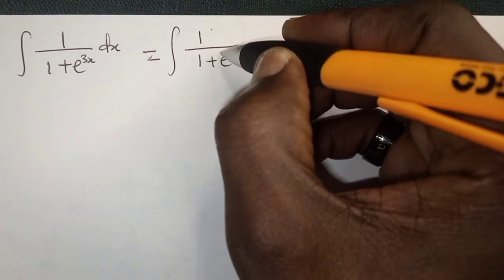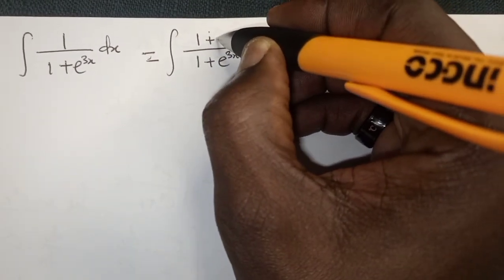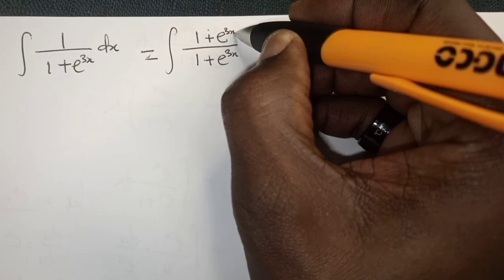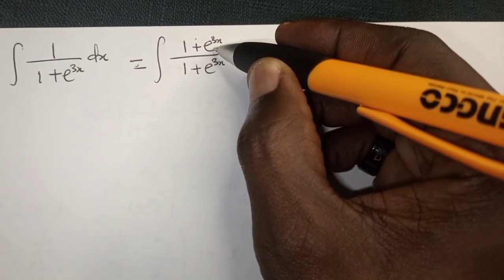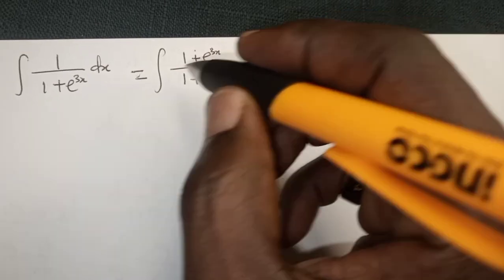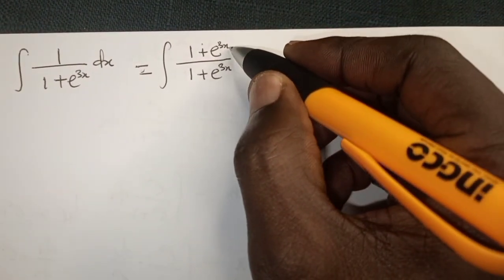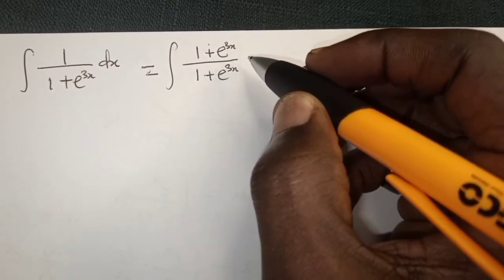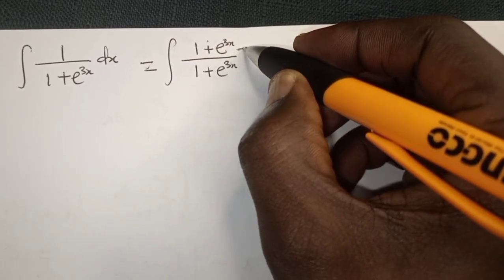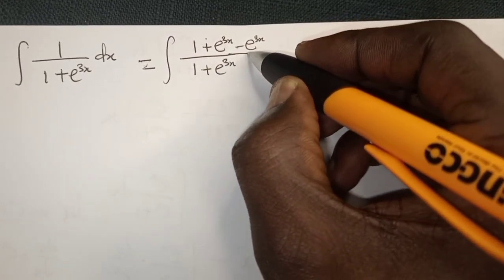So we want to make the numerator the same as the denominator, so we introduce plus e exponent 3x. Now that means we've changed the expression, so they are not the same. So we have to introduce the additive inverse of this term, which is minus e exponent 3x, so that it becomes 0.